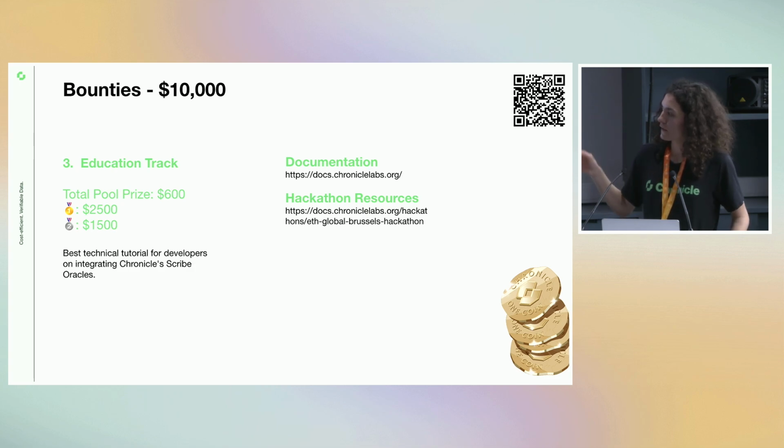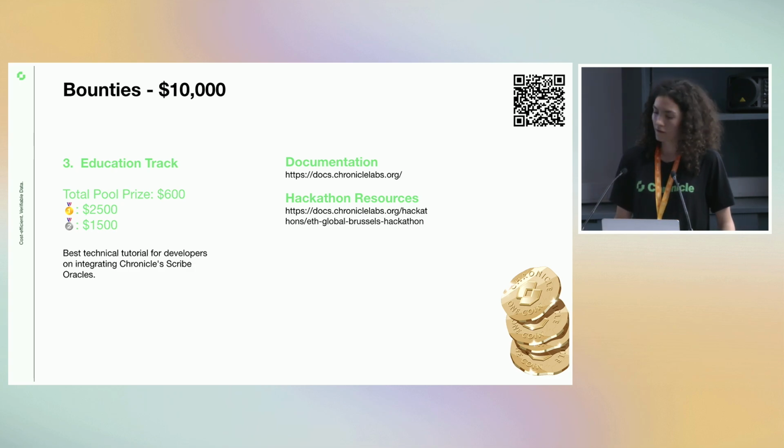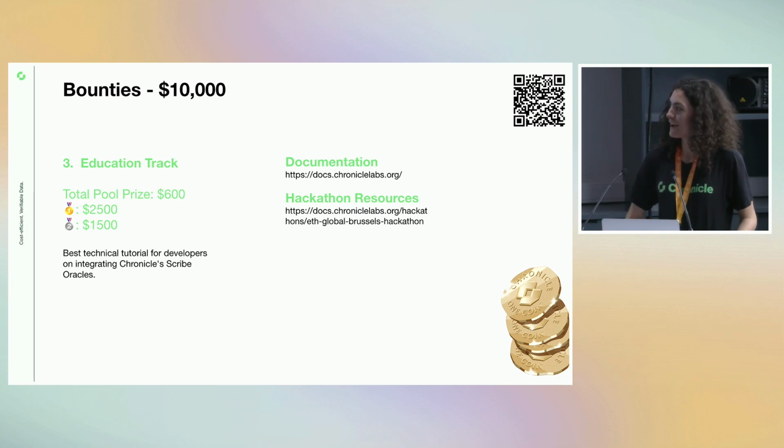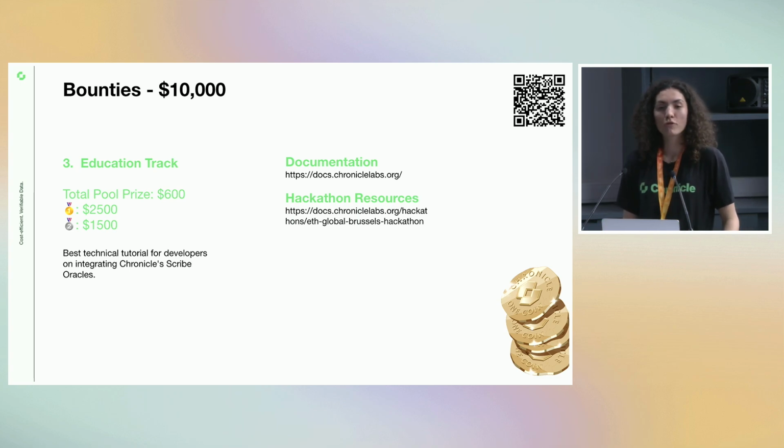It's $600 USD spread across 2 tracks. I know that the numbers are a bit messed up. But if you want to build a tutorial with Chronicle oracles, this is your track to go.